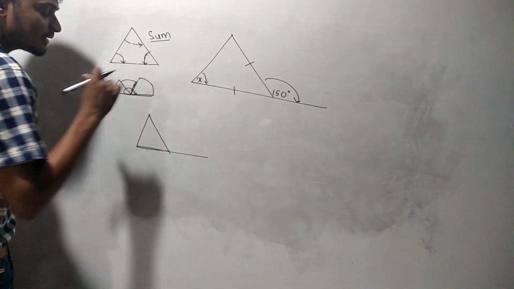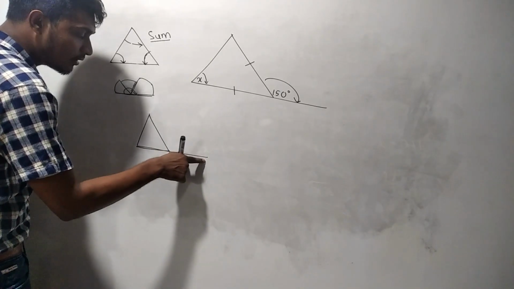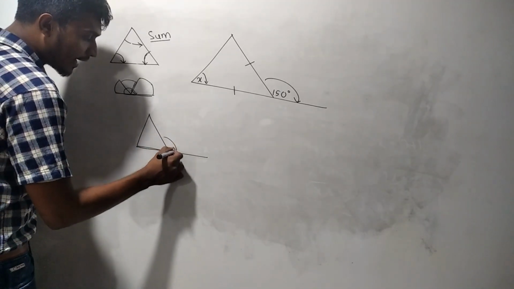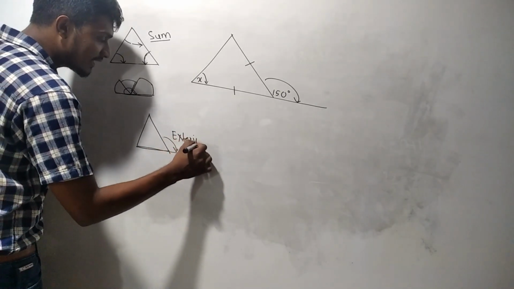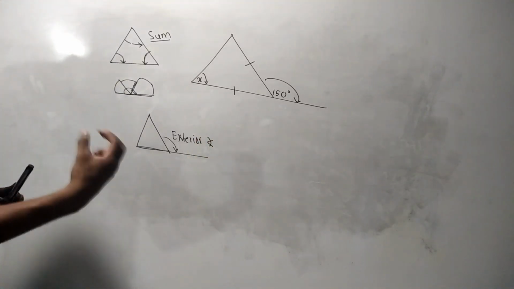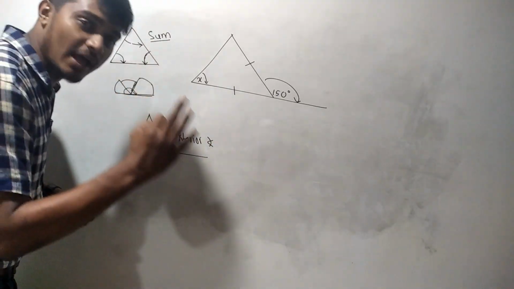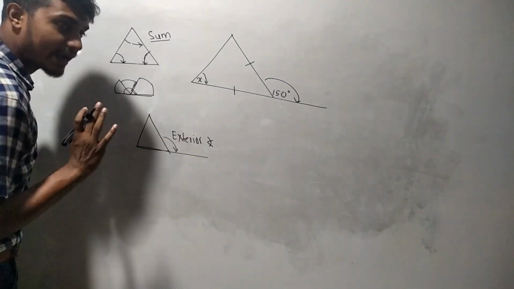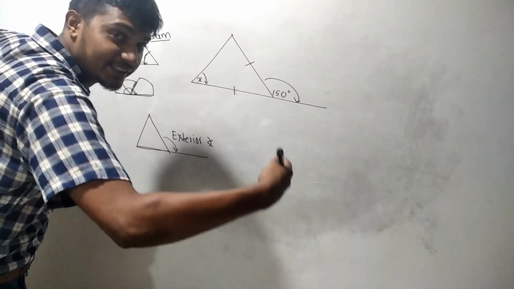When you extend that side, the angle made by the extended line with the side is known as the exterior angle. The theorem states that the exterior angle is equal to the sum of the interior opposite angles. It doesn't say interior angles, it says interior opposite angles.